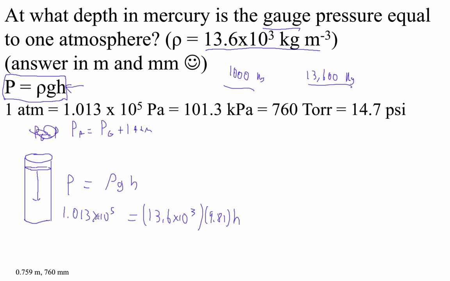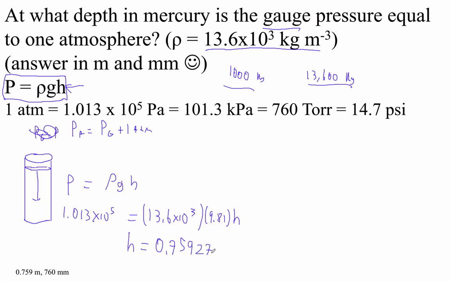Okay, so let's do this. 1.013 E5 divided by 13.6 E3 divided by 9.81 is equal to, the h is equal to 0.75927.